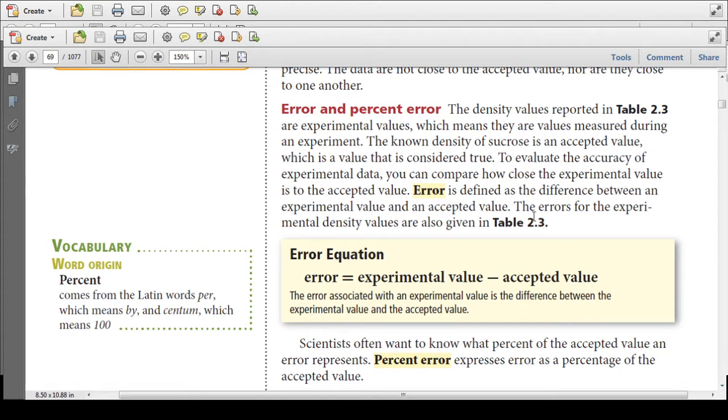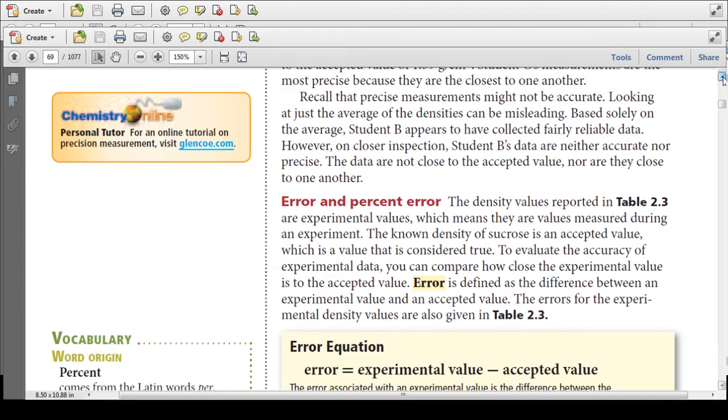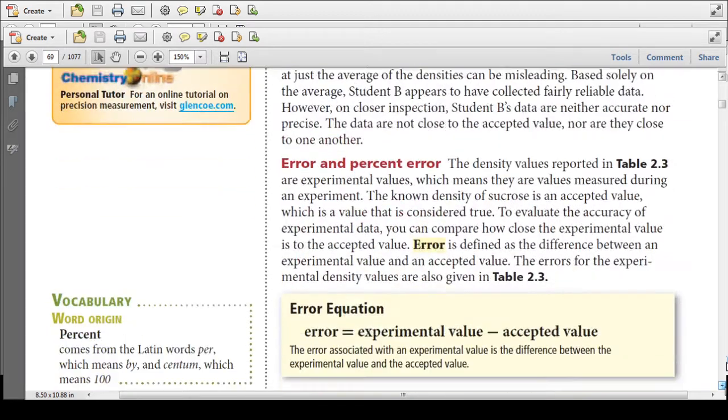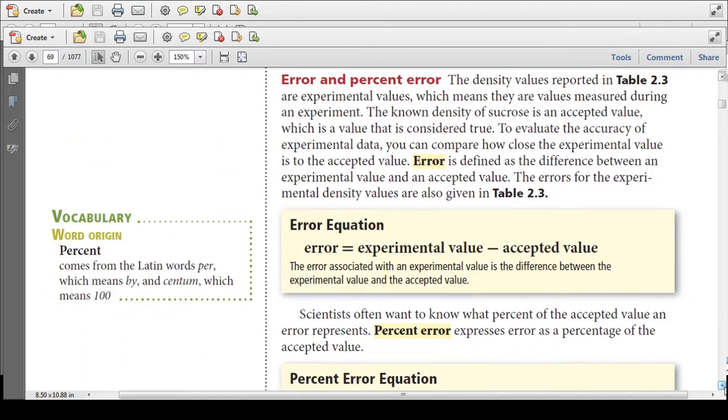The errors for the experimental densities are also given in Table 2.3. What is the difference between your average, your experimental value, and the accepted value? It's nothing more than a difference. You're just taking the difference between your experimental value and your accepted value, and that's what we call error.